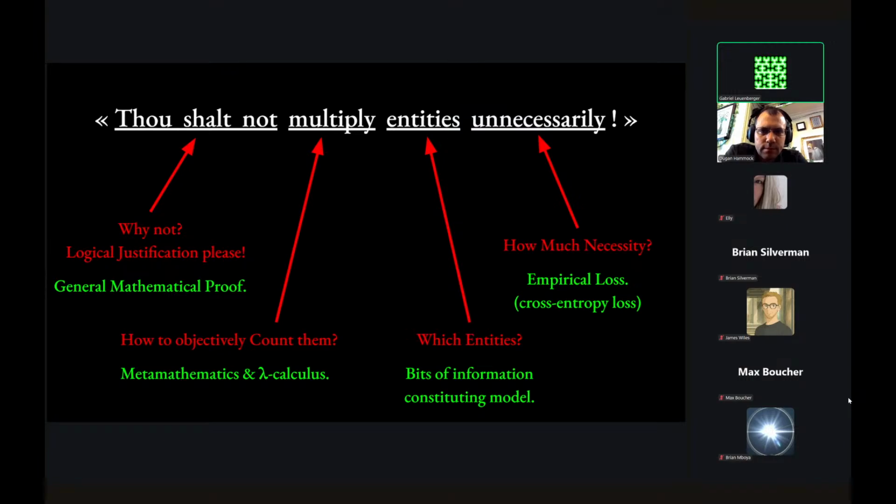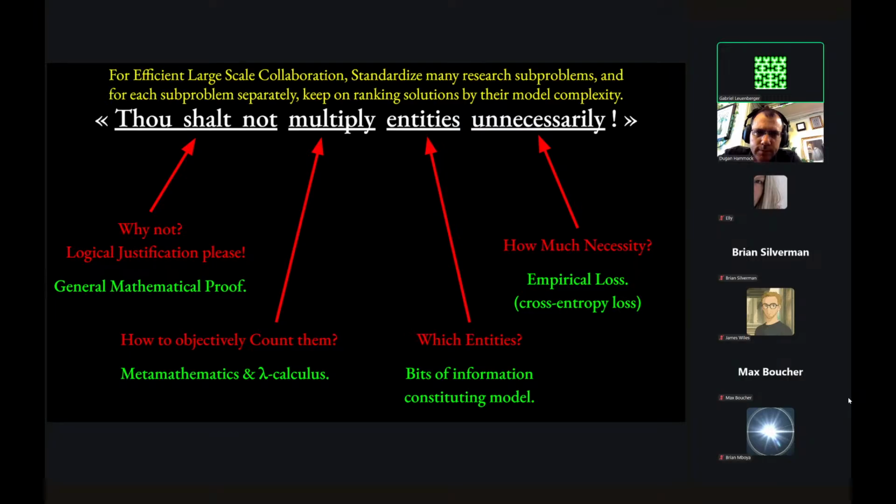But that's a detail you can find in my paper, in the generalization to stochastic models. The argument I showed earlier, the democracy of the complex models, is actually the democracy of deterministic models. But in my paper, you can also see how to generalize that to stochastic models. There I also explain a bit about the necessity, the cross entropy loss, the empirical loss. These are machine learning terms, by the way.